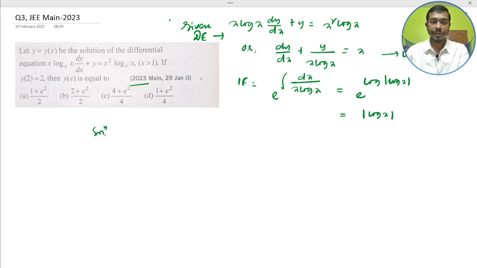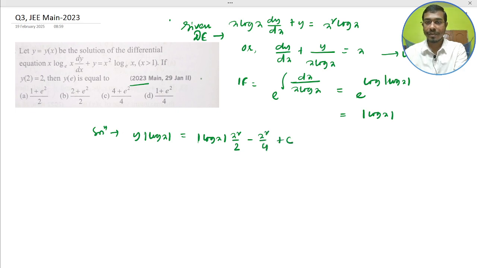Solution would be y into integrating factor, y mod log x is equal to integration of mod log x into x, which gives x square by 2 log x minus x square by 4 plus integrating constant c, where c is the integrating constant.